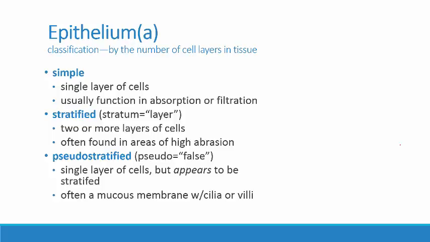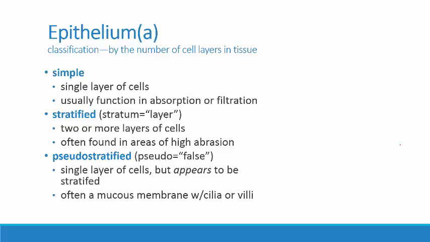If it is a single layer, then we talk about it as a simple epithelium. And usually, not always, but usually, these are epithelia that are adapted for absorbing materials across the epithelial layer, or for filtering materials, moving fluid across, but not allowing the larger molecules to make it across that cell layer.